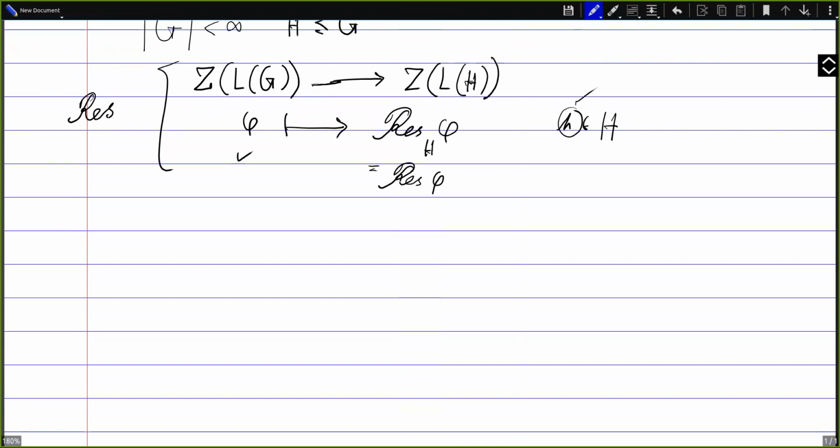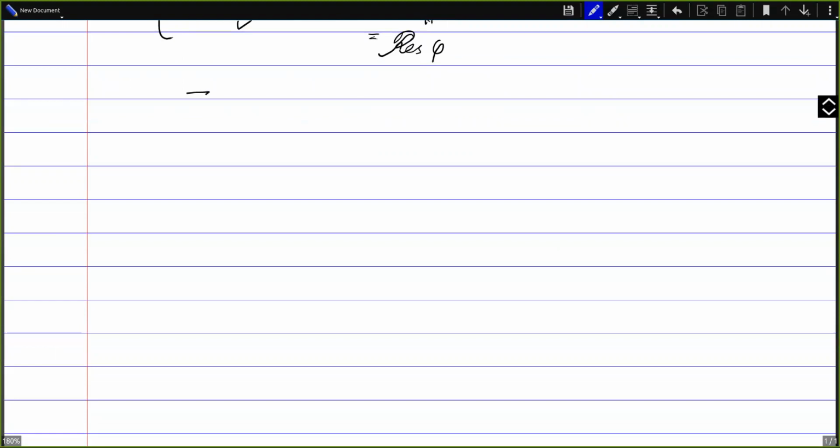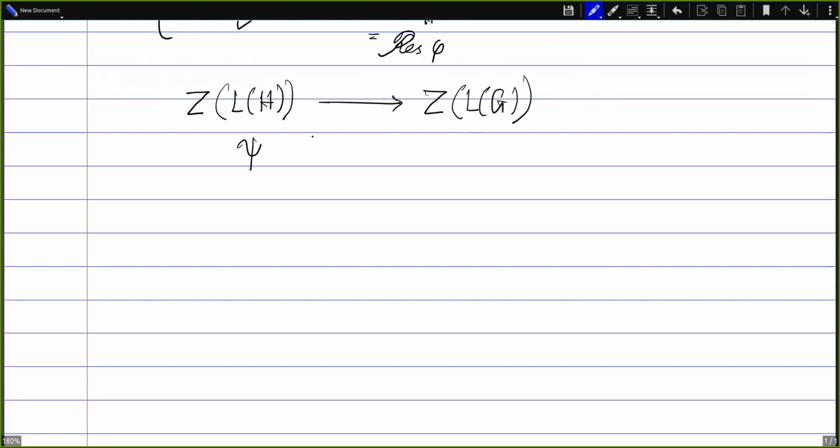So we have this restriction map, and on the other hand we have another map that we discussed in the last video, from the center of LH to the center of LG. What is that map? We send any psi to Ind psi.